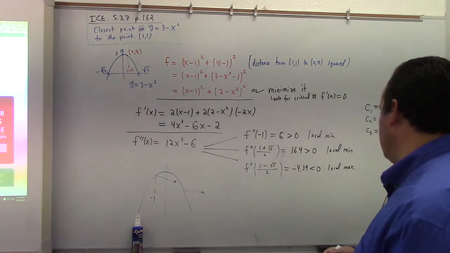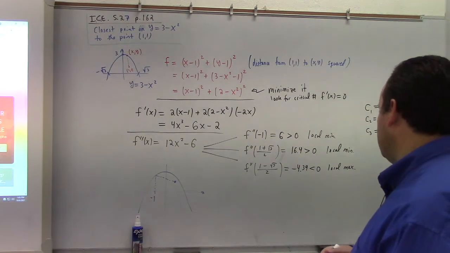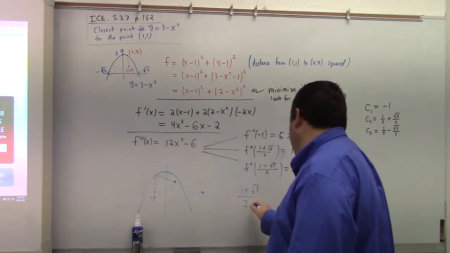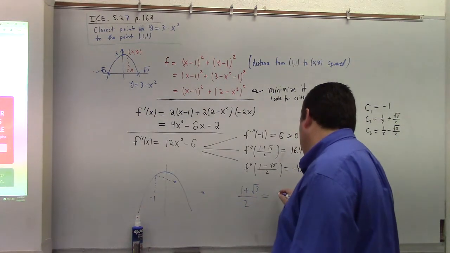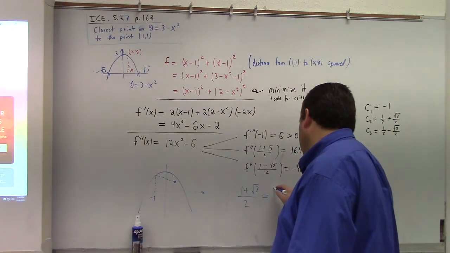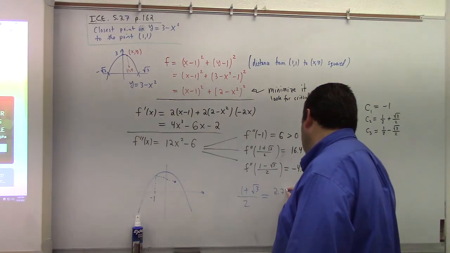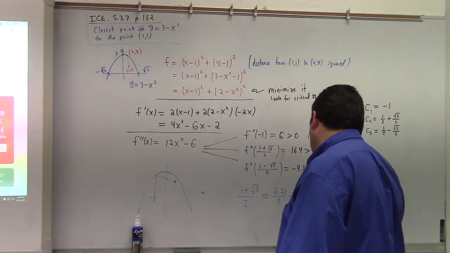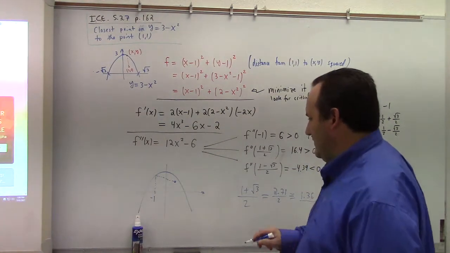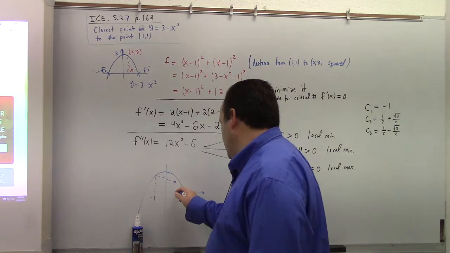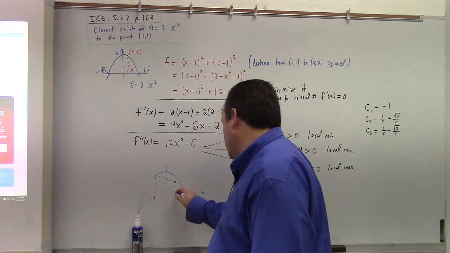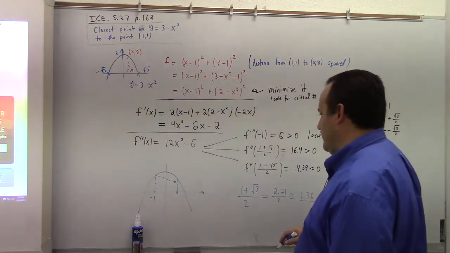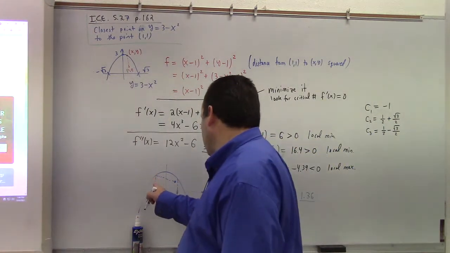1 plus the square root of 3 over 2. What is this, 1 plus square root of 3 over 2? What is that in terms of a decimal? What, 2.7 something divided by 2, so it's about 1.36 or so. So that's here somewhere. Minus 1 is over there, right?